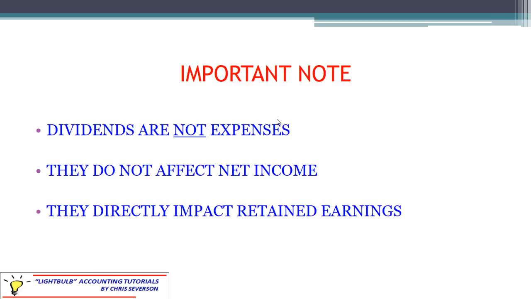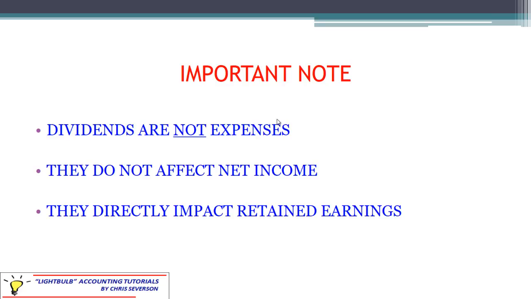So one important note that I'm going to bring up a few times because it's so important to understand. It's one of those things in my first accounting course that caught me for a couple weeks. Dividends are not expenses. Even though they have a similar relationship to equity as an expense, dividends are not expenses. The reason is they do not impact net income at all.